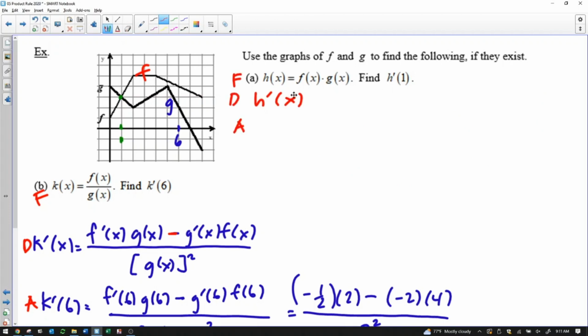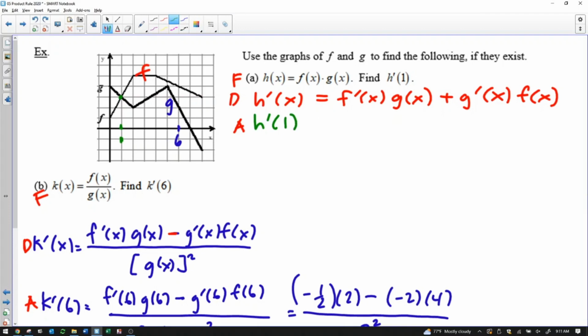Take the derivative of two things multiplied together. If you multiply f and g and take the derivative, what rule do you have to use? Product. So it's the derivative of the first times the second plus the derivative of the second times the first. And then, after you have the derivative, you plug in your number.